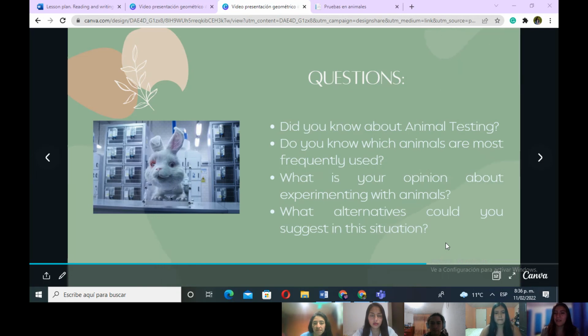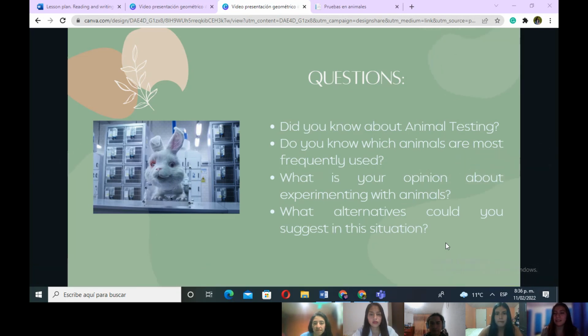Okay, what is your opinion about experimenting with animals? Me? Yes. Okay. I think it is very bad and it is wrong because animals need to be safe and they need to be free in their habitats, and they don't have to feel the cruelty of human beings, because it is bad.